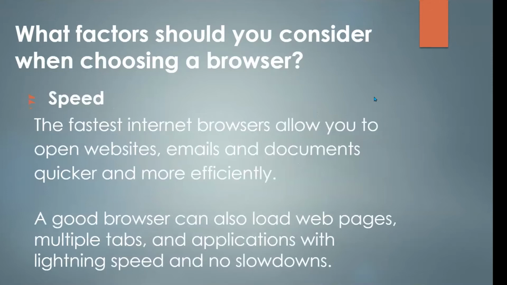The fastest internet browsers allow you to open websites, emails, documents, and photos quicker and more efficiently. A good browser can also load web pages, multiple tabs, and applications with lightning speed and no slowdowns at all. So it's better to choose a web browser that's faster rather than one that's slower and takes up more space or data.